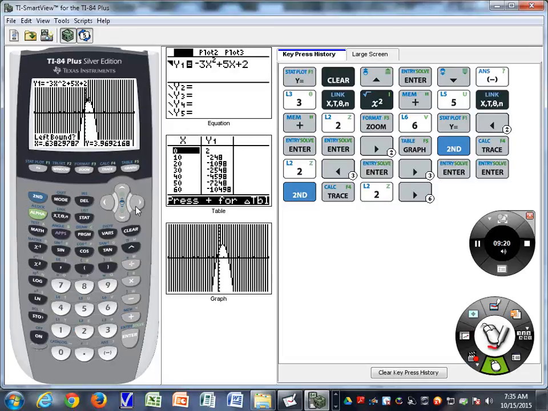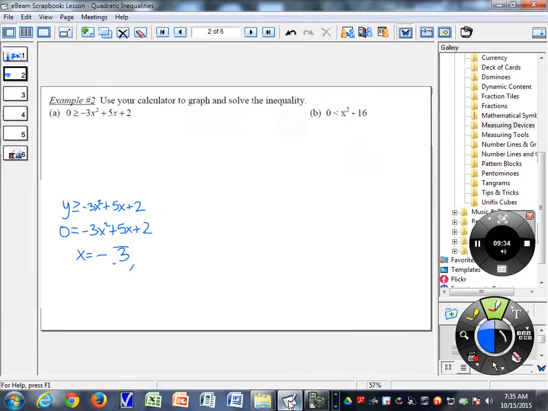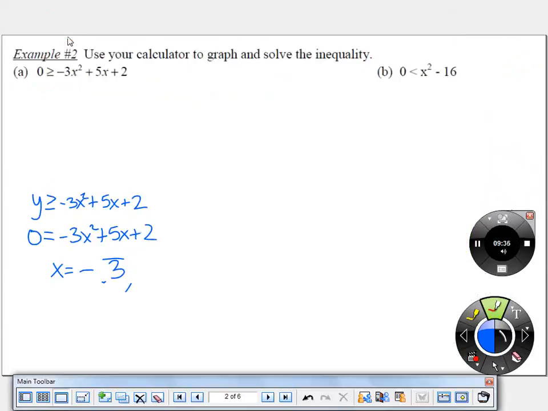I'm going to scroll over to the other side. Something to the left will be my left bound. Something to the right will be my right bound. I will press enter, and 2 is my other 0. So I have 2.